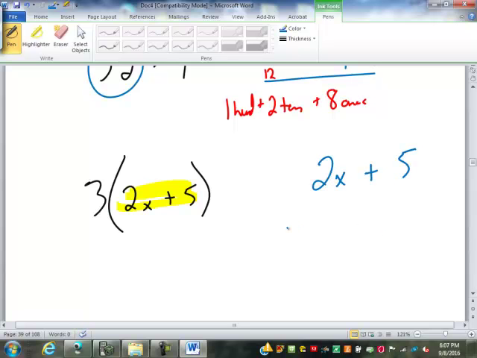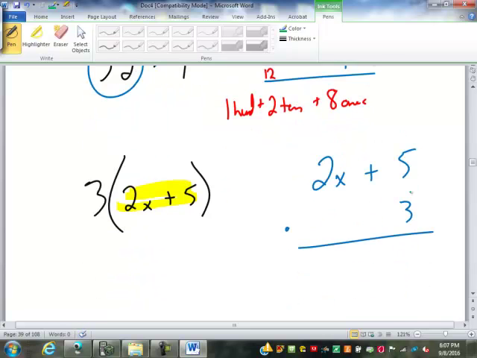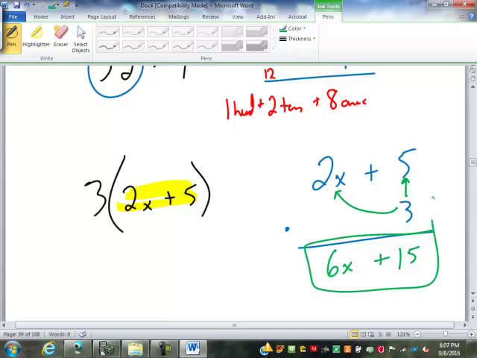Just like I did right up here, 4 times 2, and then 4 times 3, I do the same thing here. 3 times 5 is 15s, positive 15s, plus 3 times 2x, 6x.